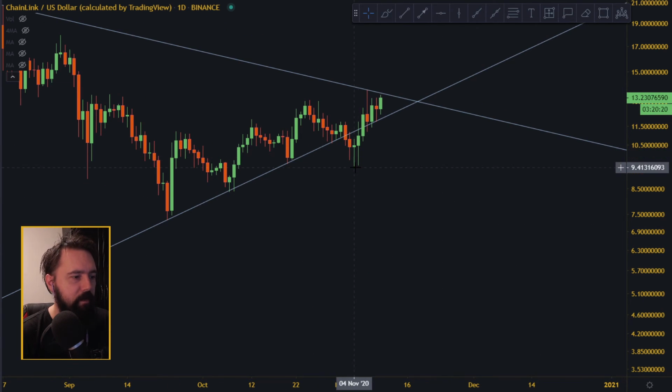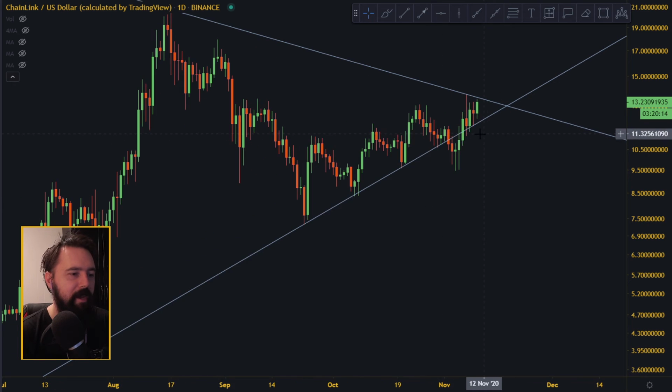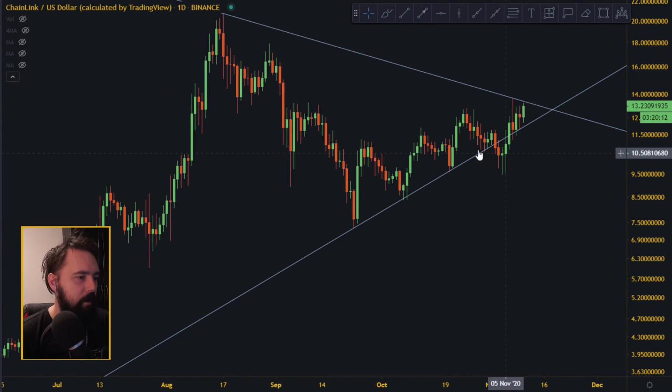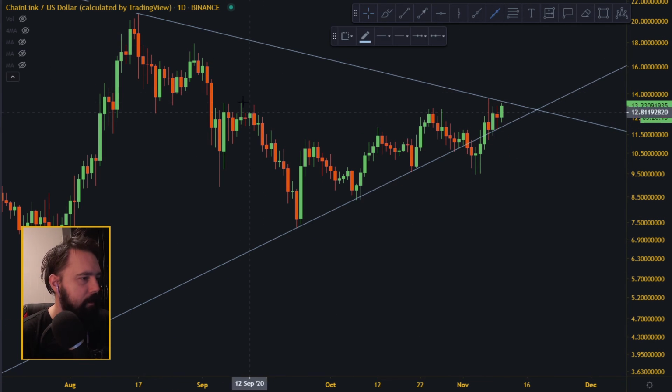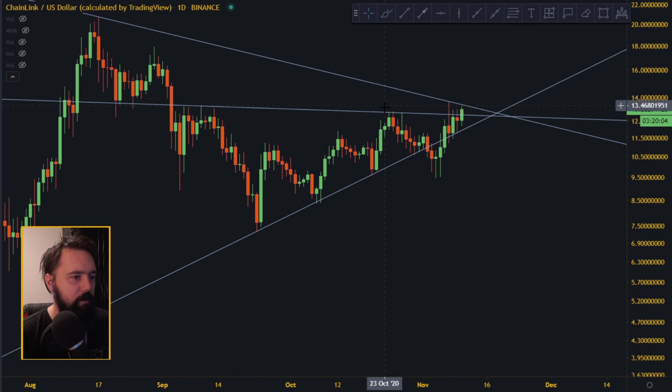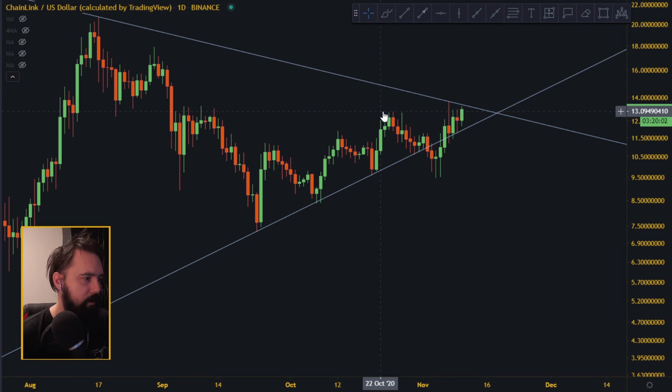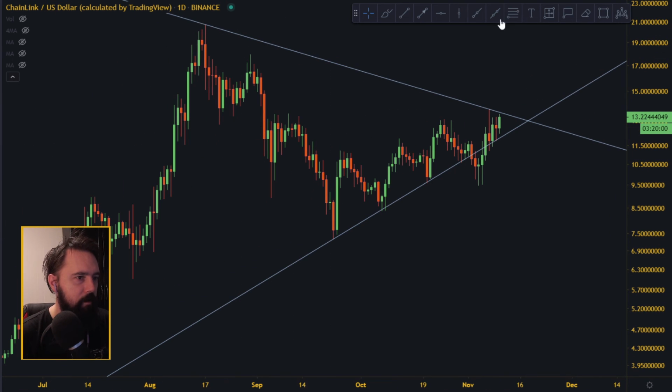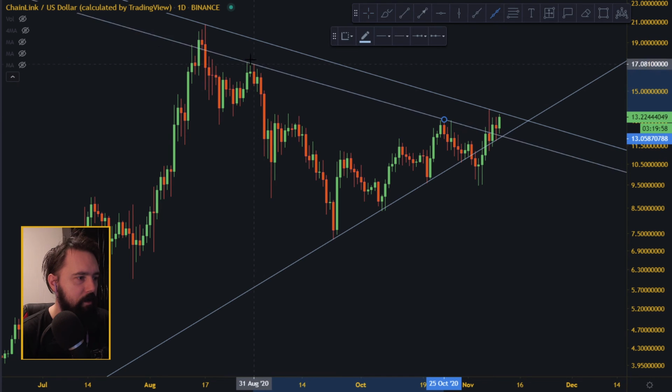There are 3 wicks that got bought right back up. It went down, bought 3 times, 1, 2, 3, and just got back into the triangle, and now we are here. Let's see if this one here works out. We have to draw little triangles because I did not expect to do this in this video, but it's breaking this one. It cannot be this one. So going all the way up to the top one, I try to extrapolate it.